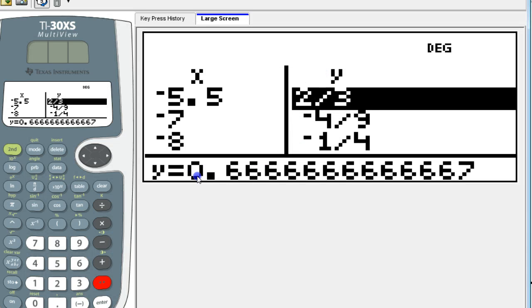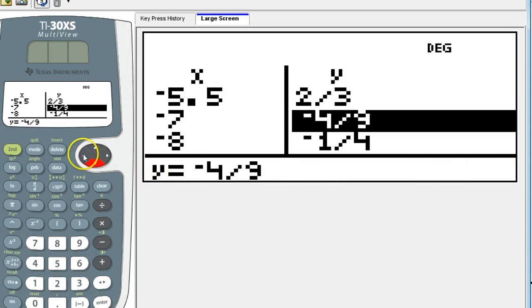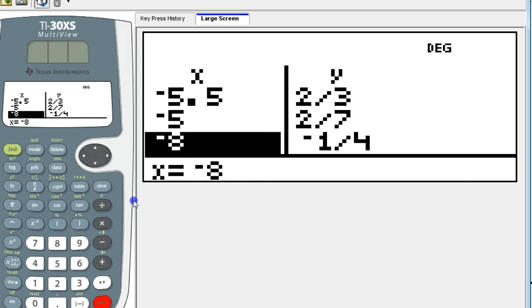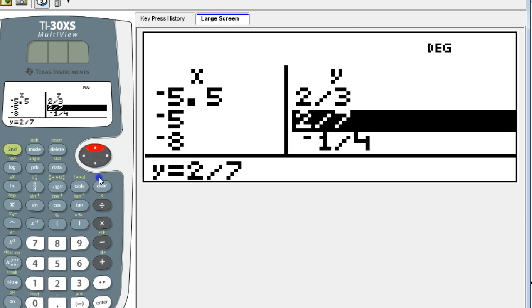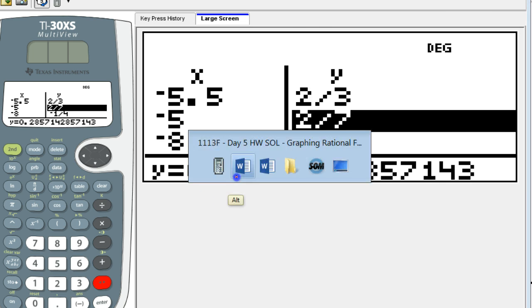I'm sorry, that's +0.7. And at -5, that's 2/7. So that's 0.3.